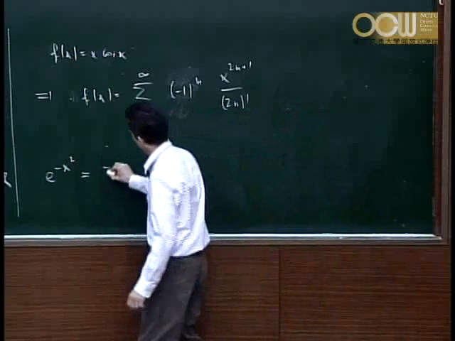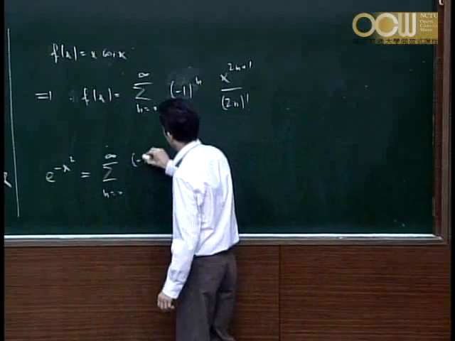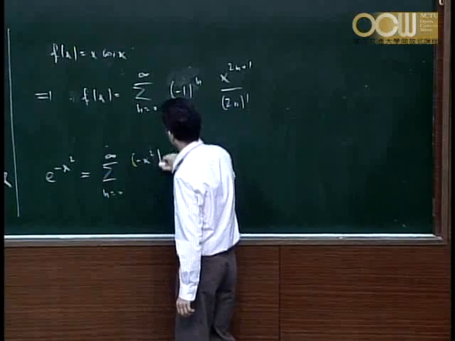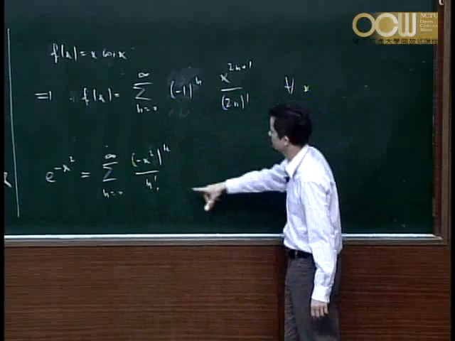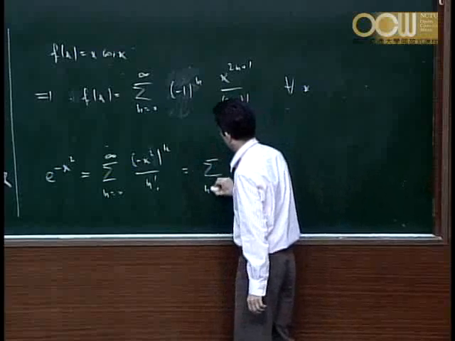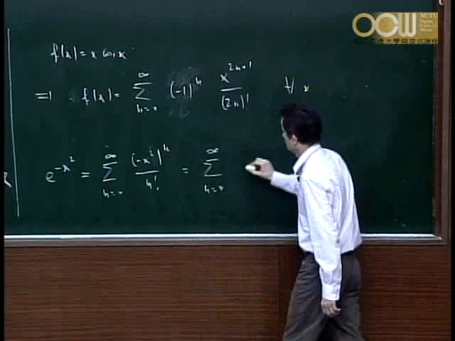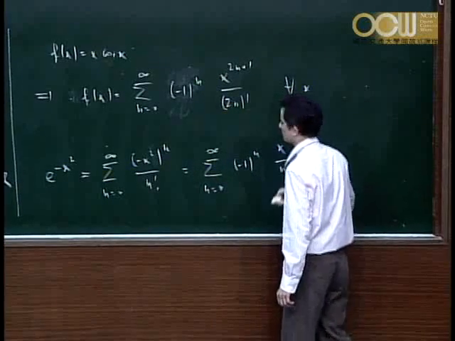So we have the series n from 0 to infinity of minus x squared to the n over n factorial. And we know that this holds for all x, and also this holds for all x. So this will be equal to minus 1 to the n, x to the 2n over n factorial.